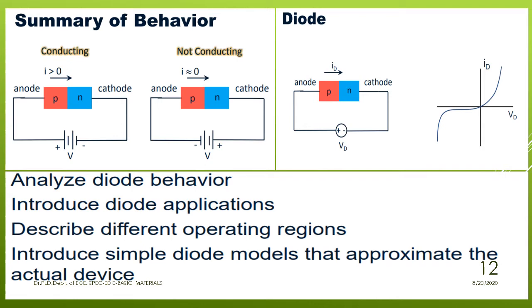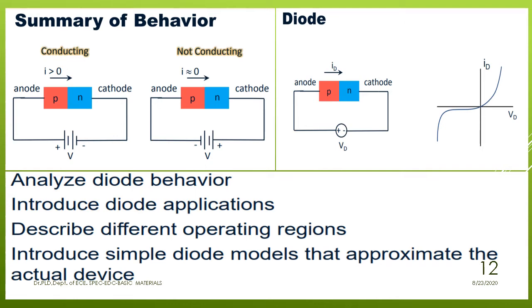Let us observe a summary of the behavior of a PN junction diode, during the conducting period and the non-conducting period, and in what way it will respond. Just see, the anode and cathode of the diode are connected to the positive and negative polarities of the supply respectively. The current direction is also shown, where I is greater than 0 in this forward biased connection. With the opposite polarities of supply, the current is approximately equal to 0.